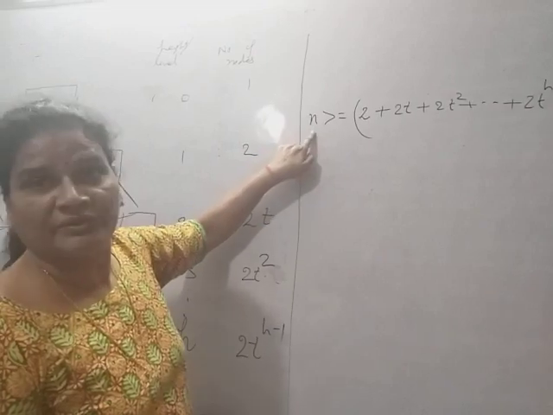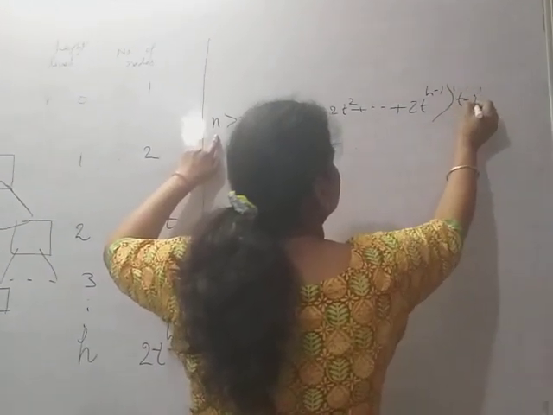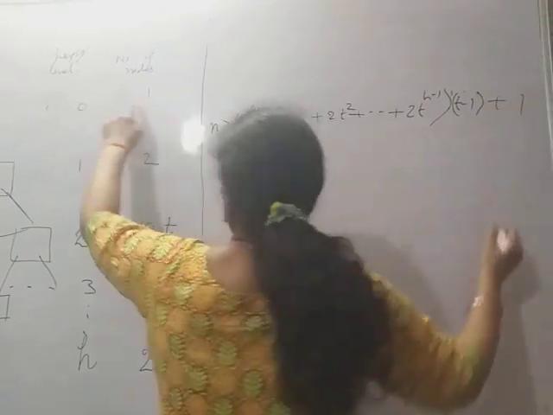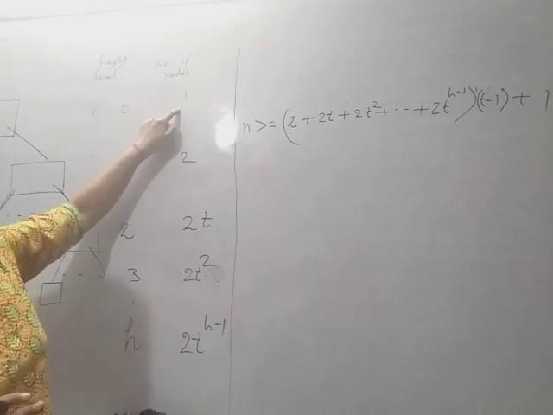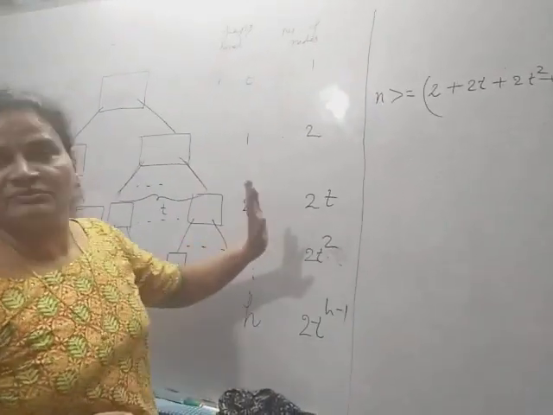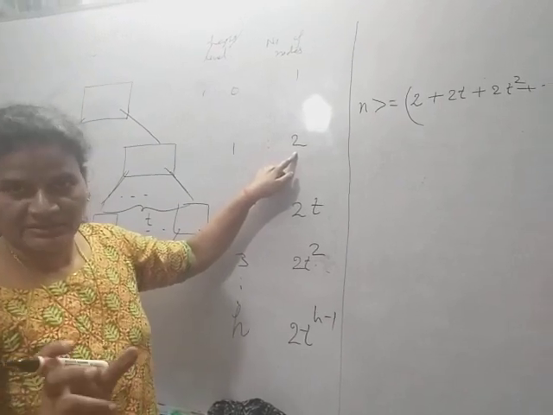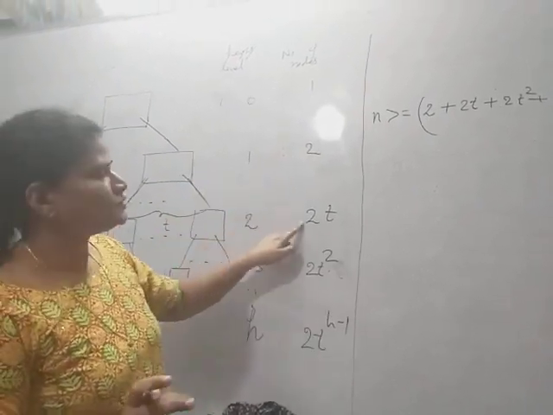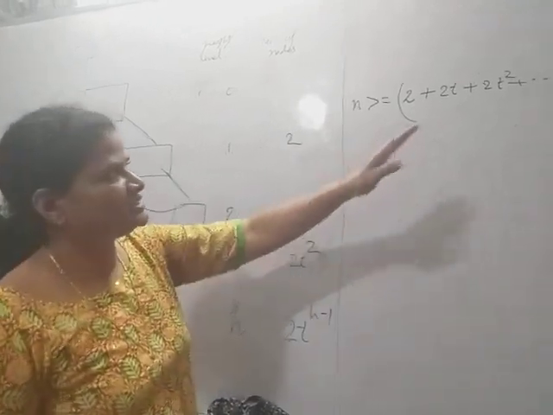I am talking about the number of keys. So this multiplied with t minus 1 plus 1, as the root node contains a single key. Other than the root node, all the nodes will contain what? t minus 1 keys. So 2 into t minus 1 number of keys at level 1, 2t into t minus 1 number of keys at level 2, and so on. So this is the formula.